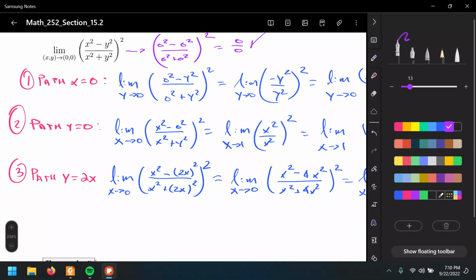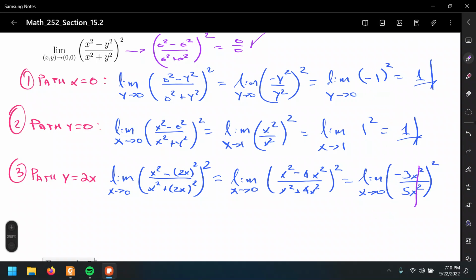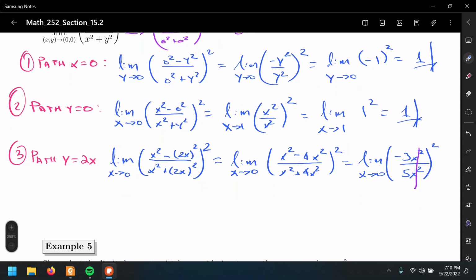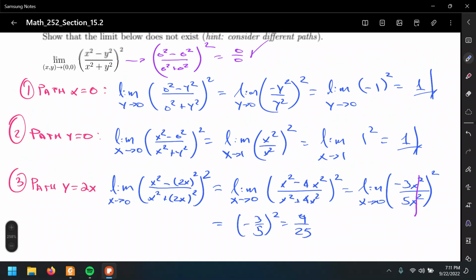And we can divide out the x squares, and this will be negative 3/5 squared, which is 9 over 25. So this is one counterexample in which using a particular path no longer coincides with the other limits. All right? Conclusion then.